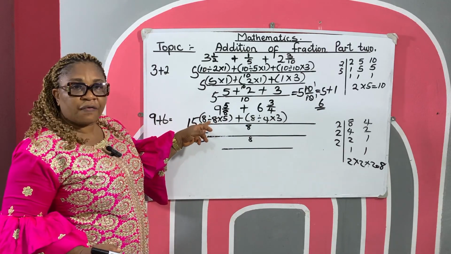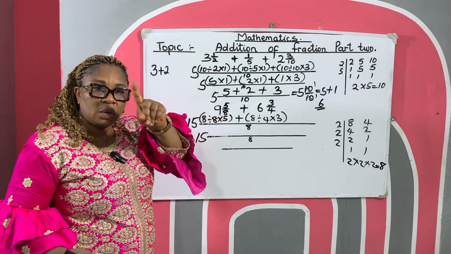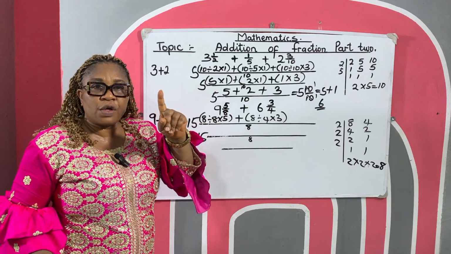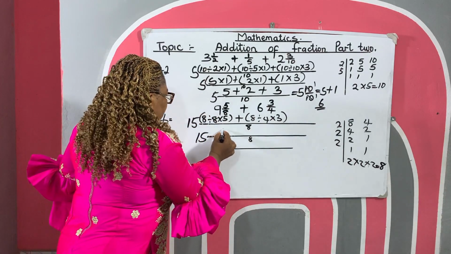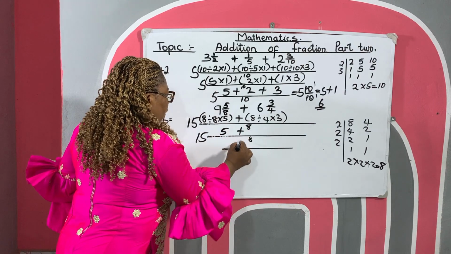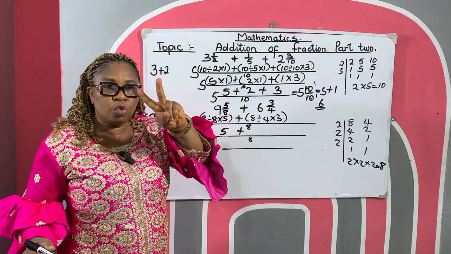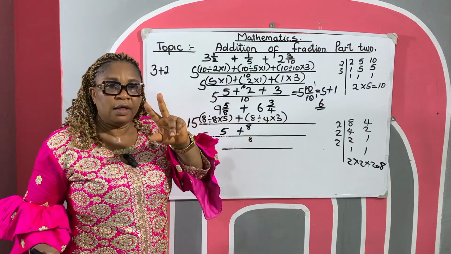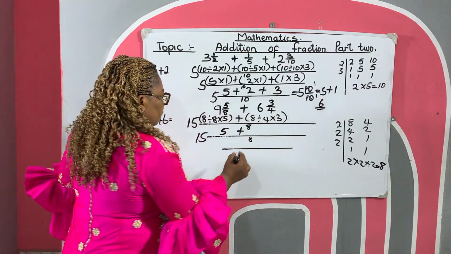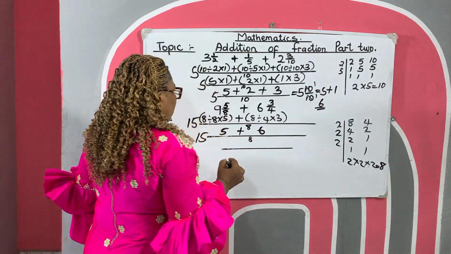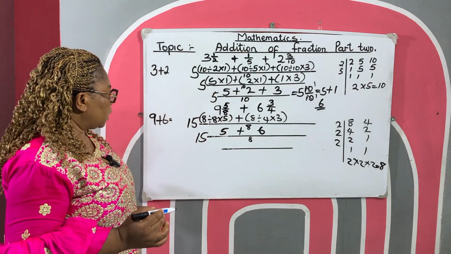8 divide itself give us 1. 1 times 5 will give us 5. This is 5. Plus 8 divide 4 will give us 2. 2 times 3 will give us 6. Okay. Can you see it now?